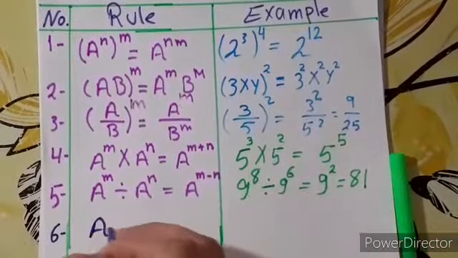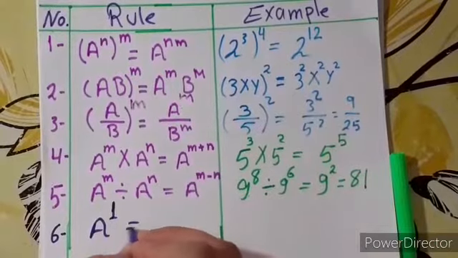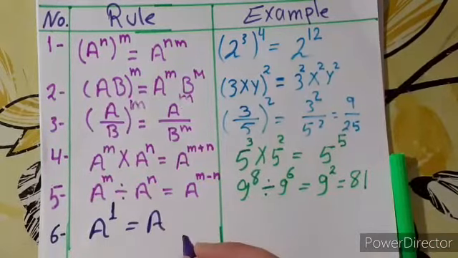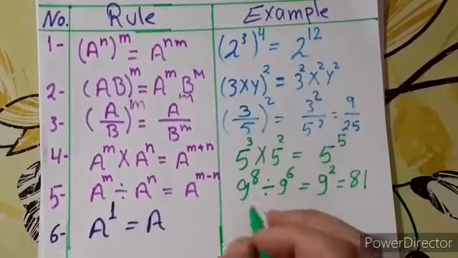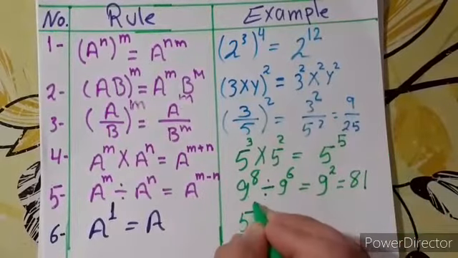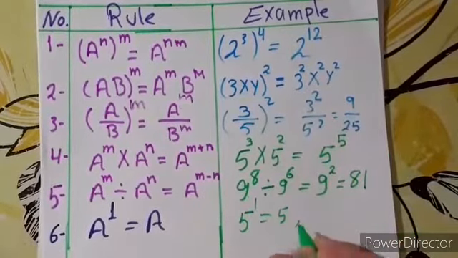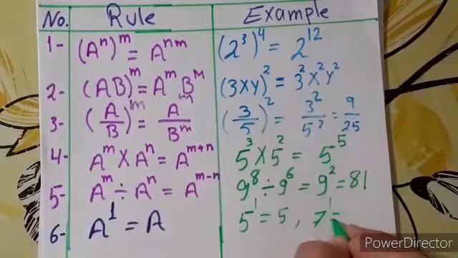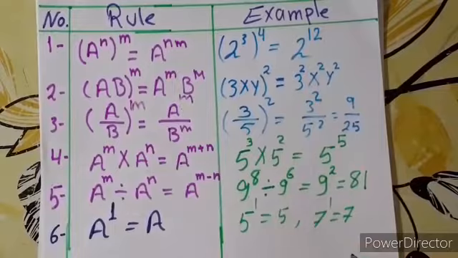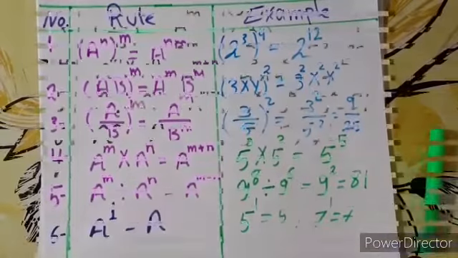Any base of the power of 1 equals the same number. For example, 5 power 1 equals 5. 7 power 1 equals 7. 100 power 1 equals 100, and so on.